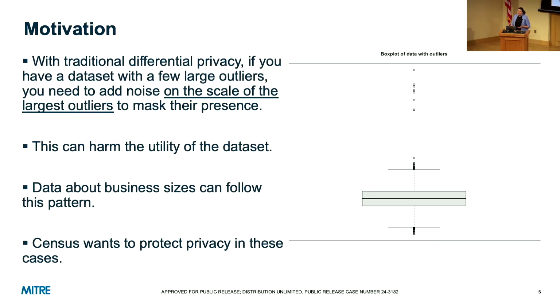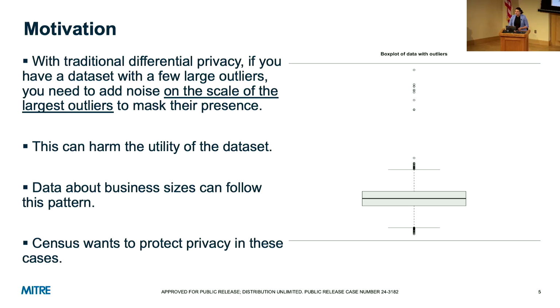So the motivation for our work is that with traditional differential privacy, if you have a data set with a few large outliers, such as one that could be explained by this box plot here, you then have to add noise on the scale of the largest outliers to mask their presence. And this can then harm the utility of your data set that you're trying to release. One example of such a data set could be data about business sizes.